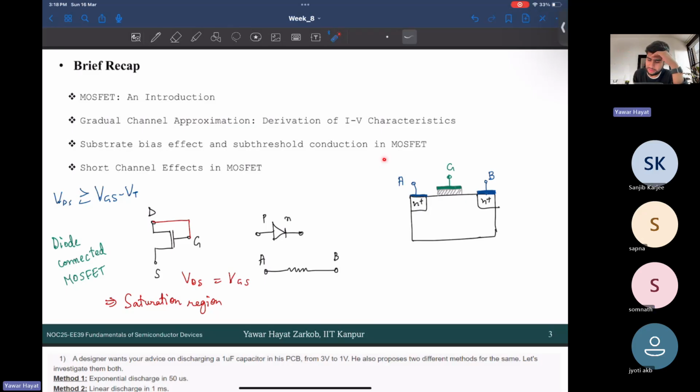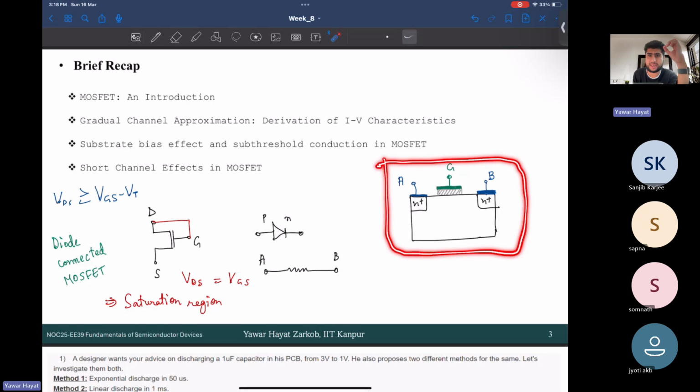Suppose I don't apply any bias. Can you comment which terminal is drain or source?